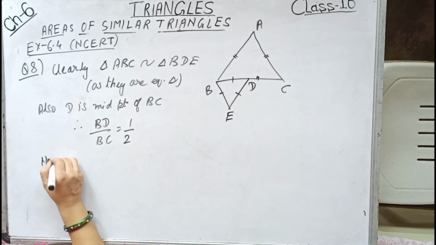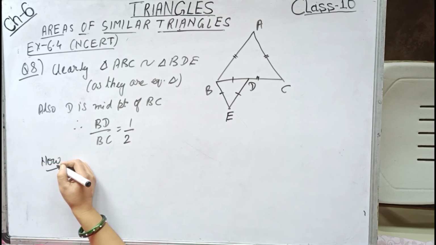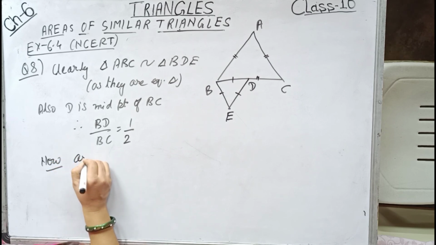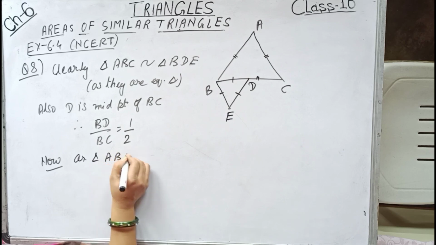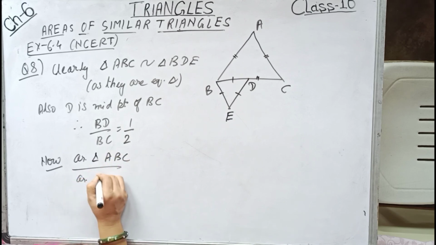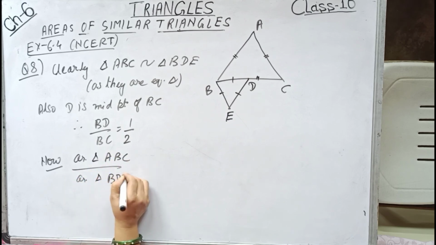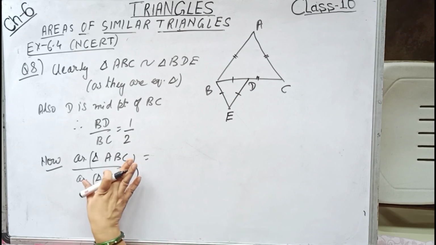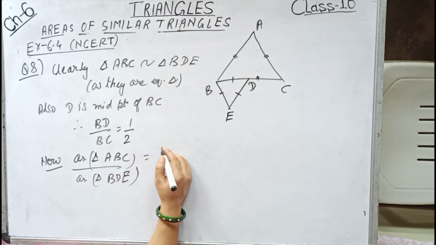Now what we have to find? Ratio of areas of triangle ABC by BDE. Area triangle ABC by area triangle BDE. Now since they are similar, we can write the square of the ratios of their corresponding sides.